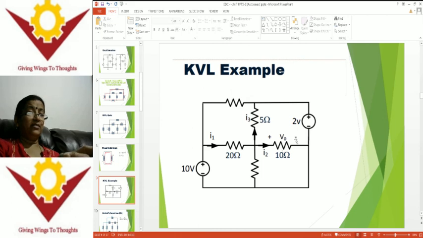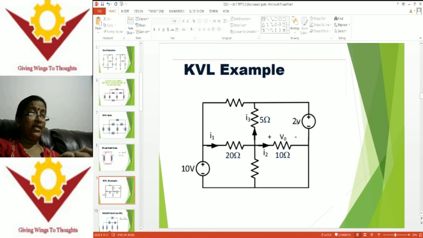Afterwards, the drop across this 10 ohms is V naught, and this is 5 ohms, and this is 2 volts. If you observe, the total voltage in a closed loop is equal to 0: the voltage source is 2 volts, and the drop across this plus the drop across this is equal to 2 volts. So the sum of voltages in a closed loop is equal to 0.